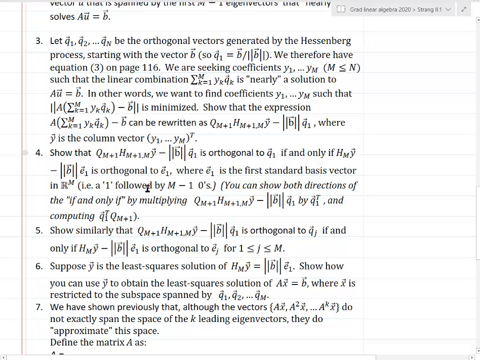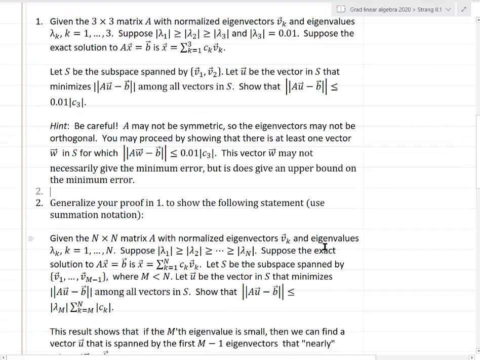All right? Now, the way to do this, I'll give you a hint here, is you can take this expression here and multiply it on the left. On the left.